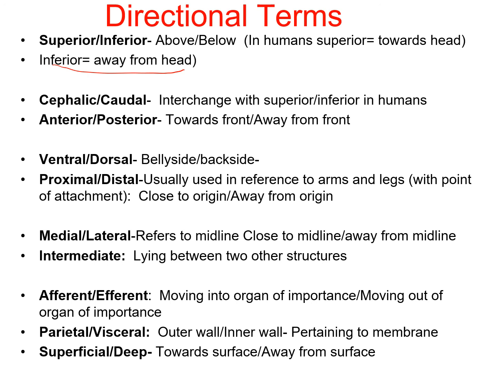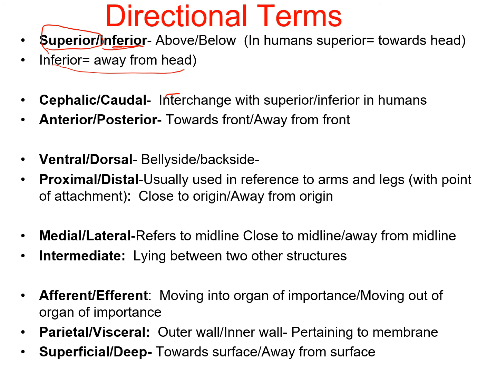For example, how would you use superior? The thoracic cavity or the chest is superior to the abdominal cavity or the stomach because the chest lies above your stomach. Inferior. The neck is inferior to the head because the neck sits below the head.